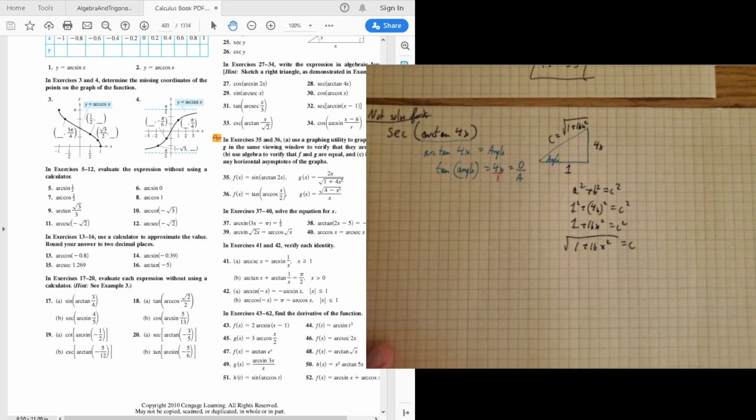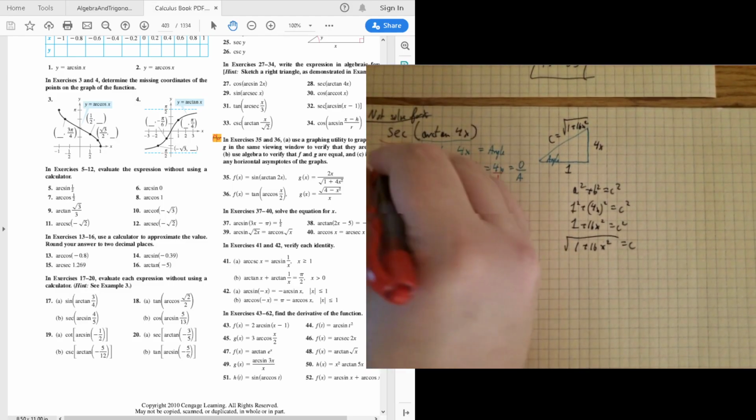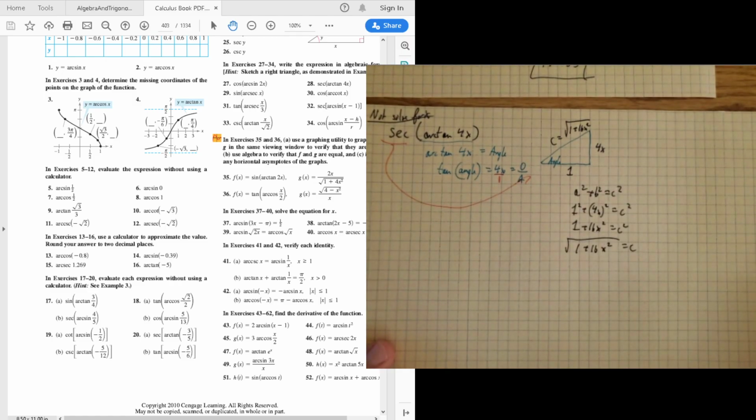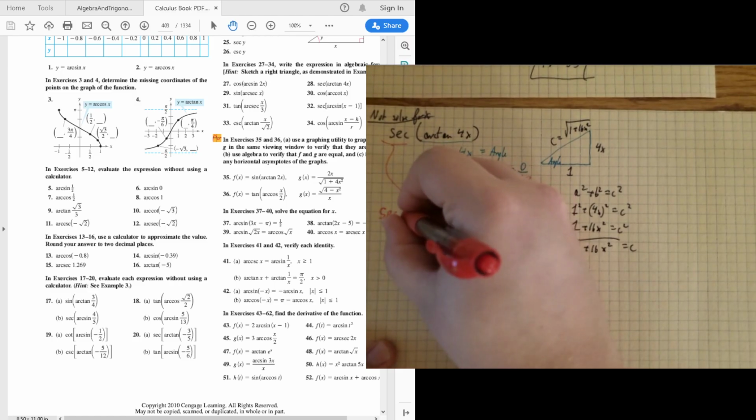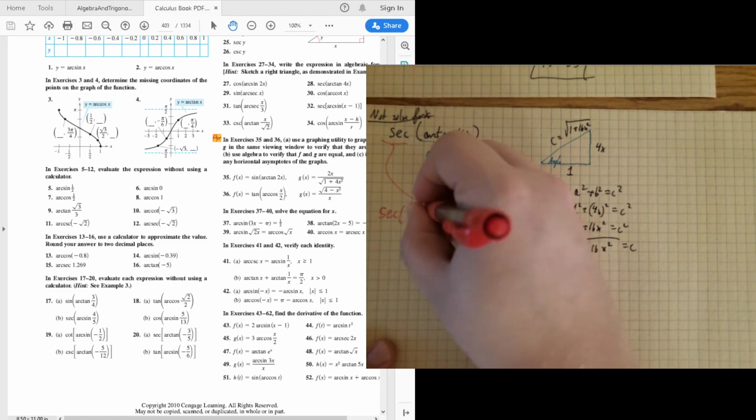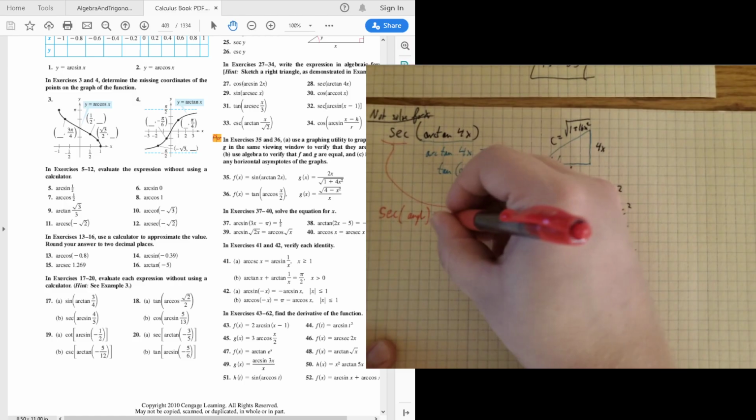Now the question is asking, what is secant in this triangle? Well, remember, secant is equivalent to 1 over cosine, or secant of an angle is equal to hypotenuse over adjacent.